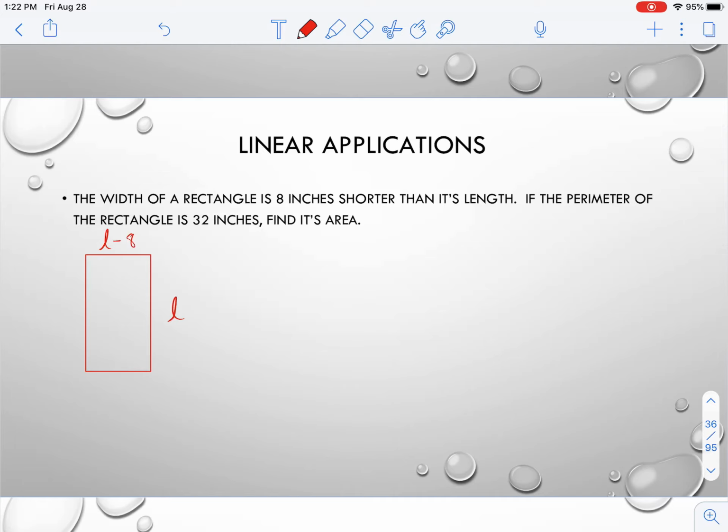I know that the perimeter is 32 inches. If you remember, perimeter equals 2L plus 2W, and my width equals L minus 8. So I'm going to make some substitutions here. I know my perimeter is 32, and I've got 2L plus 2 times L minus 8.